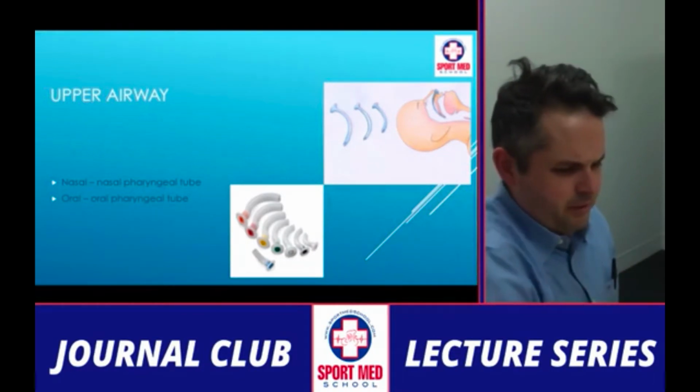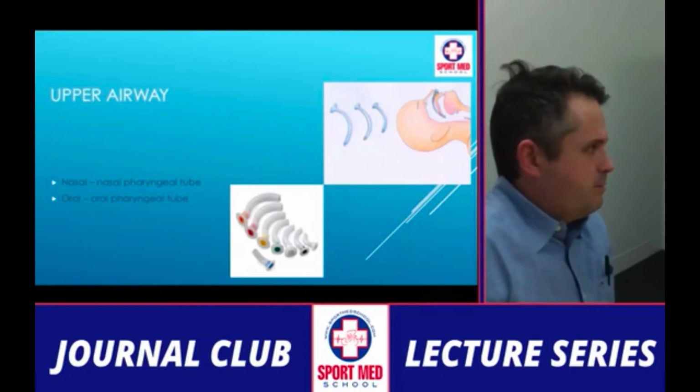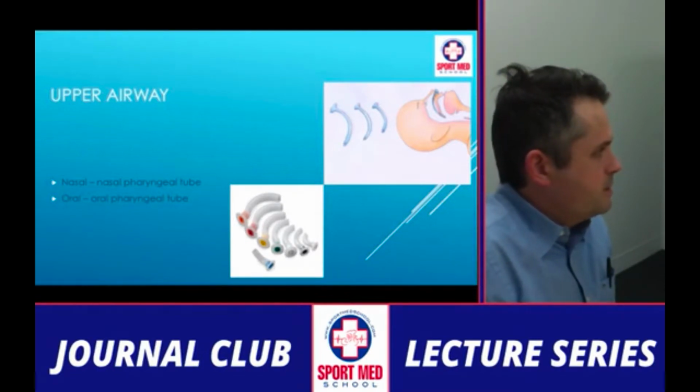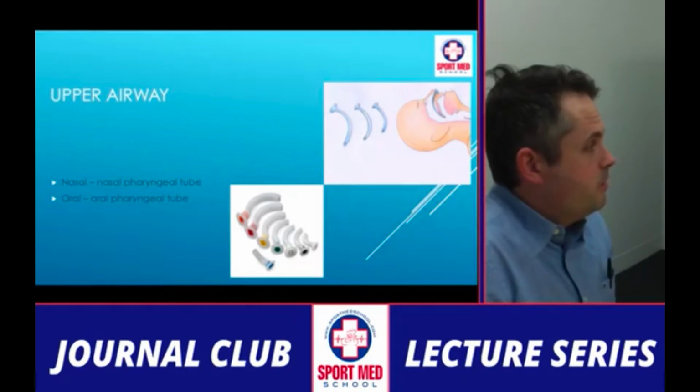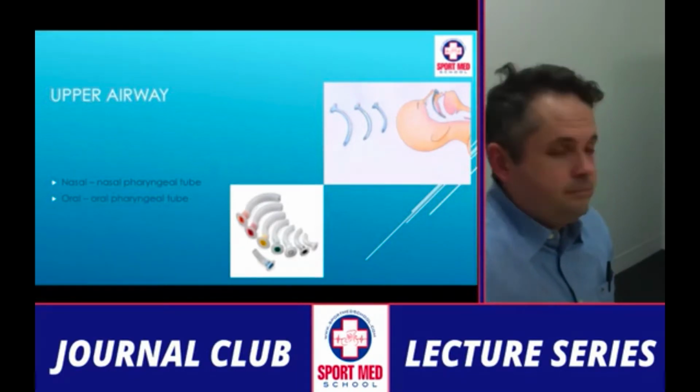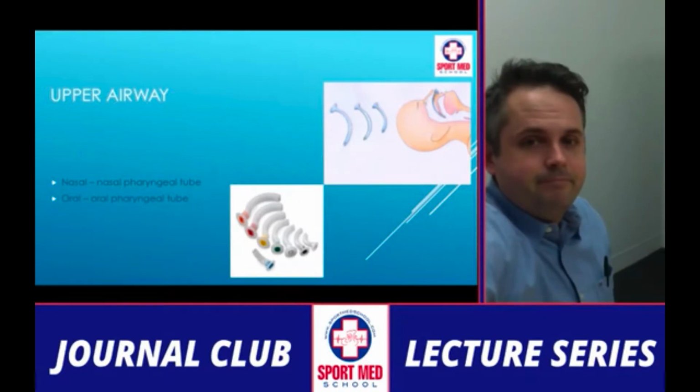If you're going to have to give oxygen, I think it's reasonable to have the mask as opposed to the nasal prongs. You can still turn the nasal prongs way up, but that would depend on resources available.